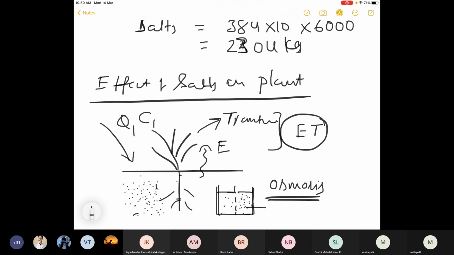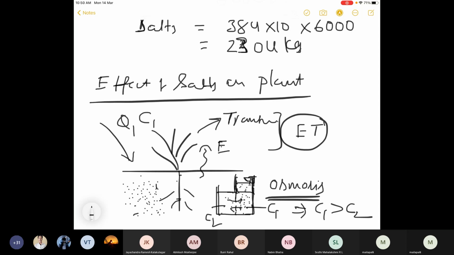Here the concentration is C1 and C2, and C1 is greater than C2. In that case the water will be transported to the next tank through the osmosis process, so the water level here will be increased.